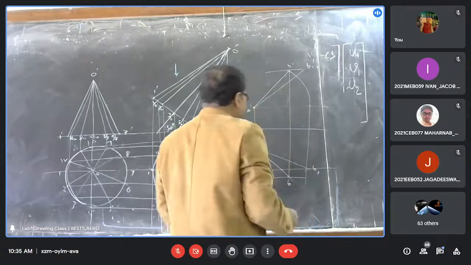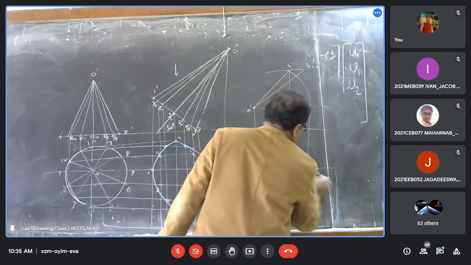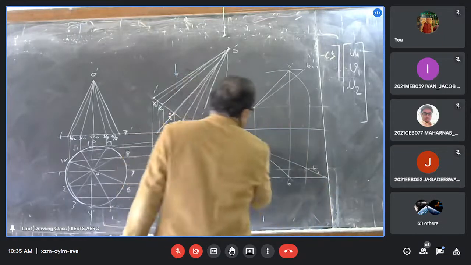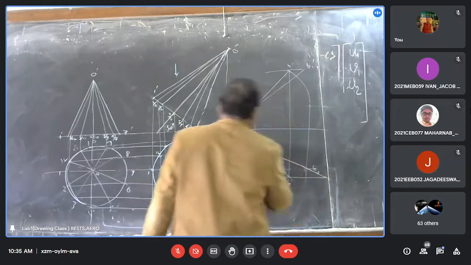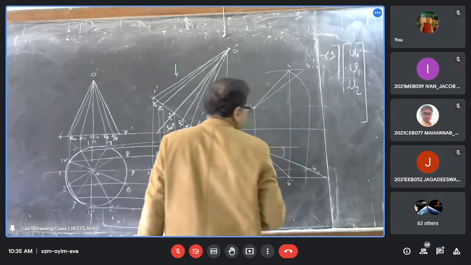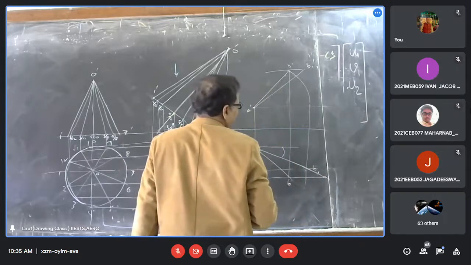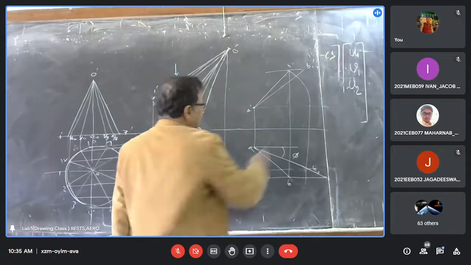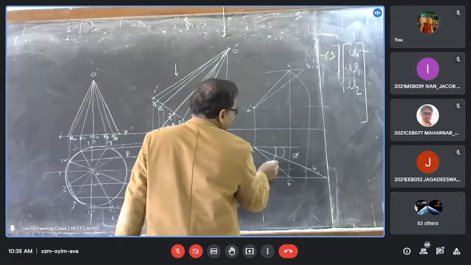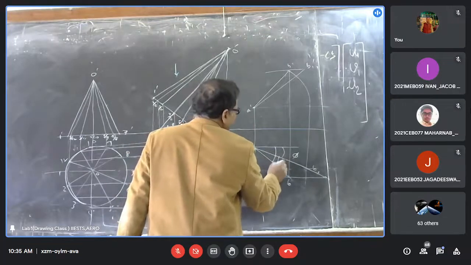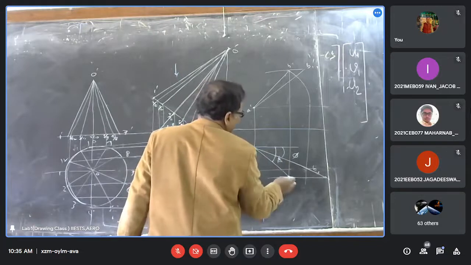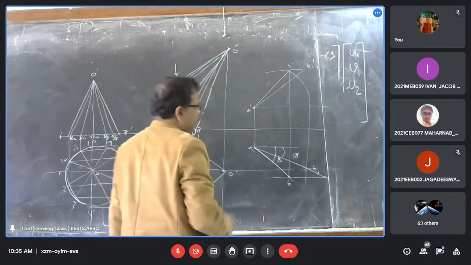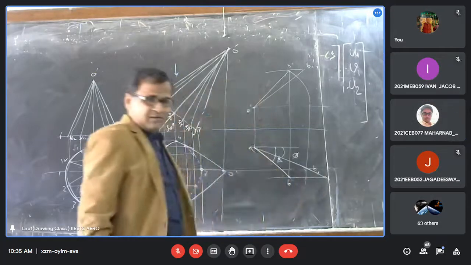So in the straight line problem, what we are seeing is a straight line making an angle phi with the vertical plane, and this is the angle beta with the vertical plane, and this is the plan.